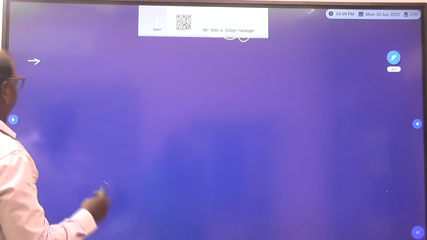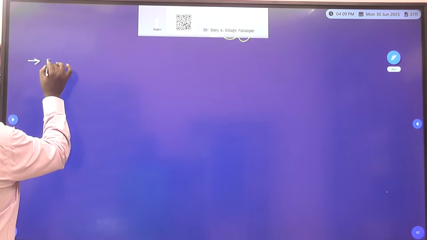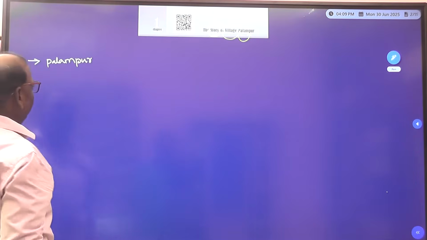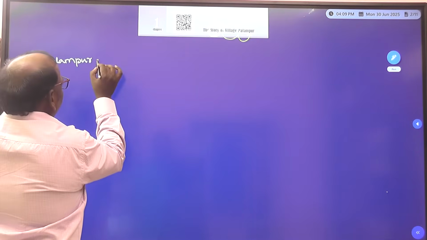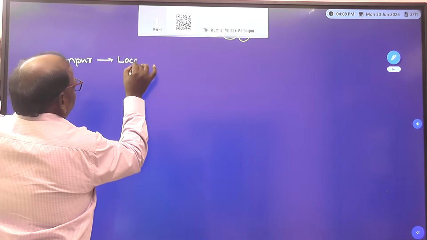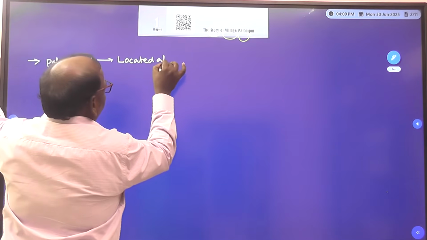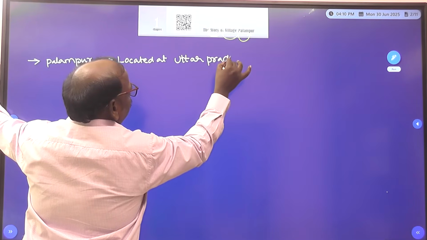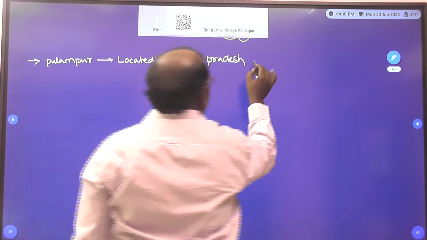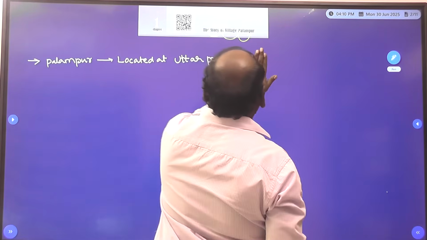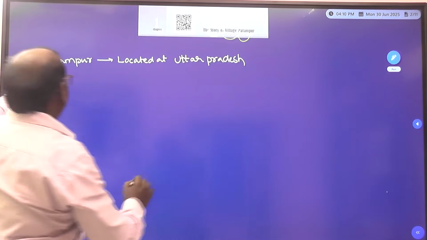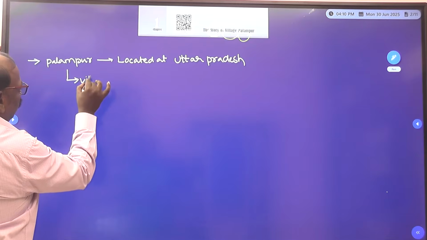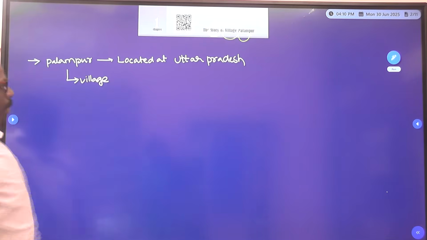First of all, we will discuss where Palampur is located. It is located in Uttar Pradesh, and it is a village, not a city.